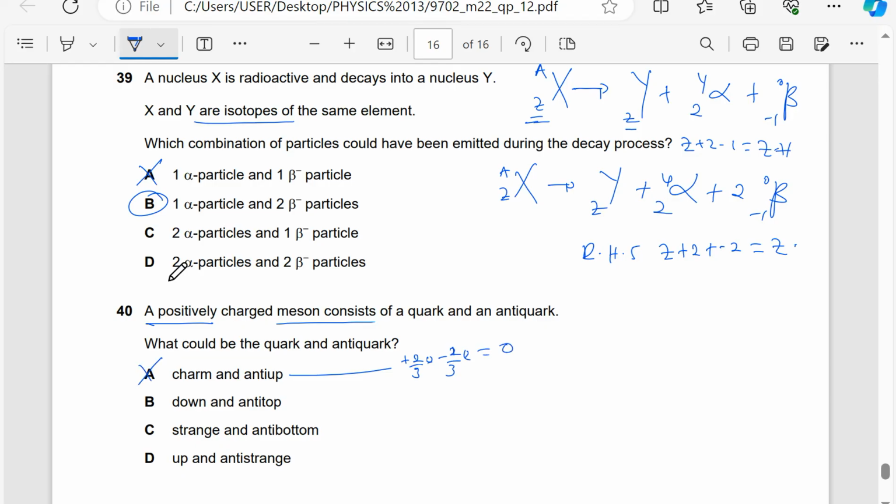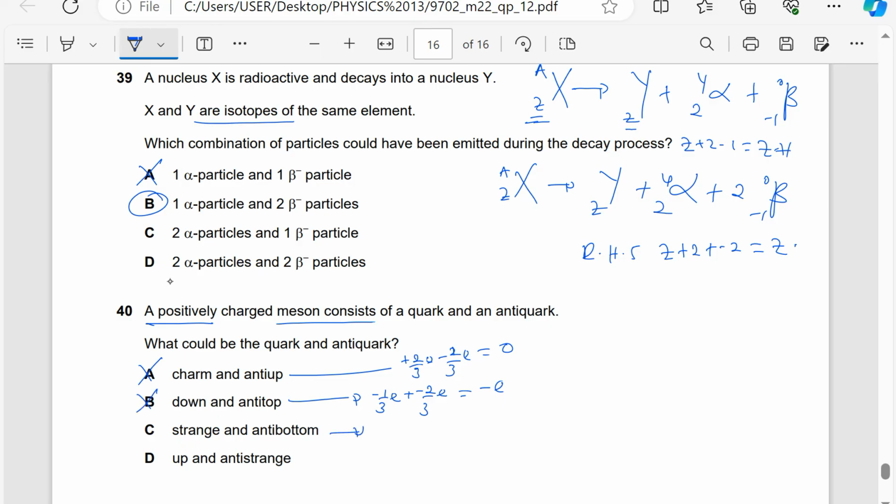So this is out. Down and anti-top. Down is negative 1 over 3e plus anti-top. Top is 2 over 3e, so anti-top is negative 2 over 3e. So this gives us negative e, which is out.